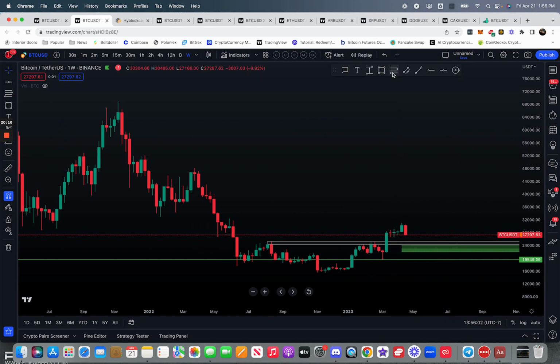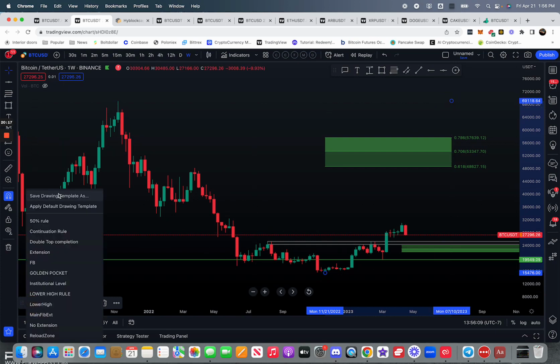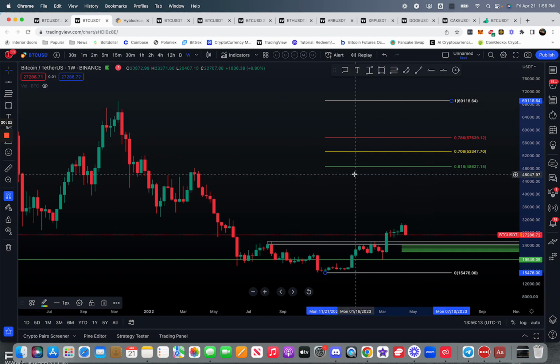I'll show you real quick here. That's the low. That's the high. Lower high. Okay, right here. This is why. On Binance it's actually a little bit lower, 48,627. I think on Bitstamp it's 48,867.